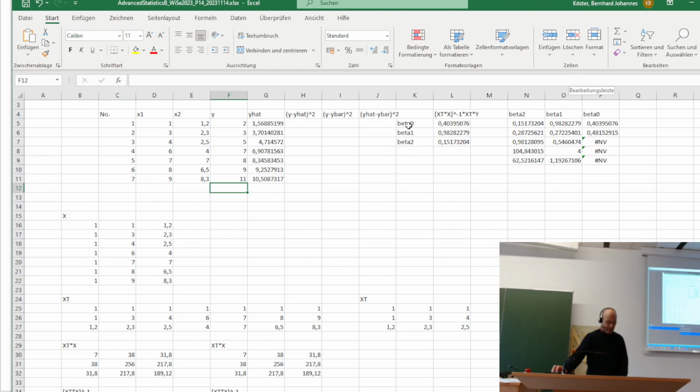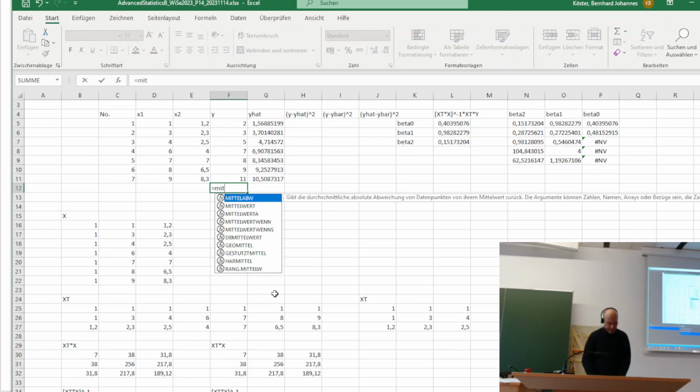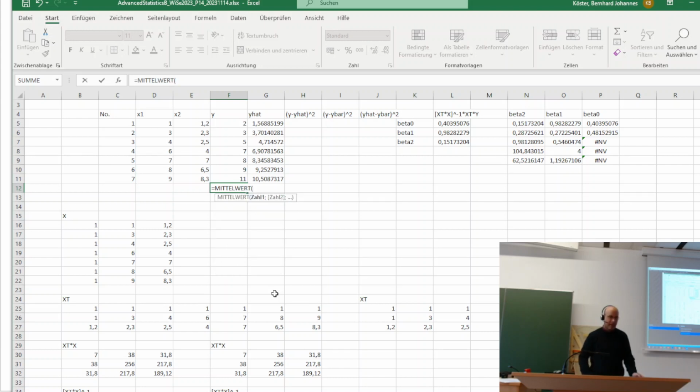So then we need the mean, and this we have done quite many times in this lecture. There you also have the formula, and in general it is just summing up all my data points and dividing by the amount of my sample, divided by 7.